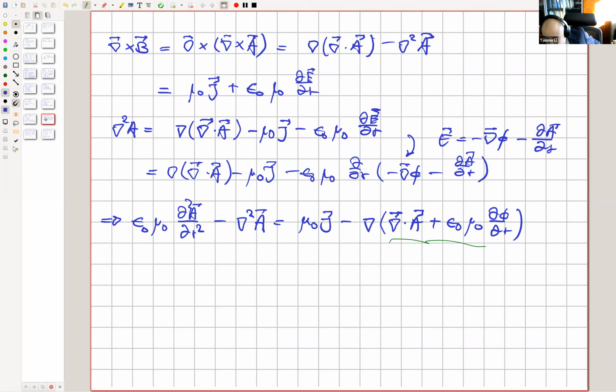If you're saying that you let the divergence of A equal to the summation, which summation are you talking about? Are you talking about this summation, the one in the time derivative?